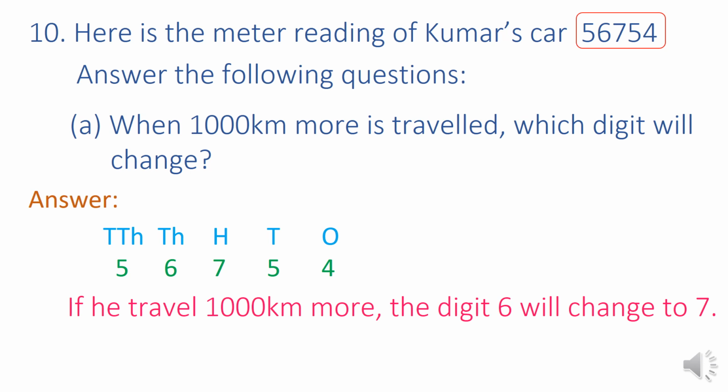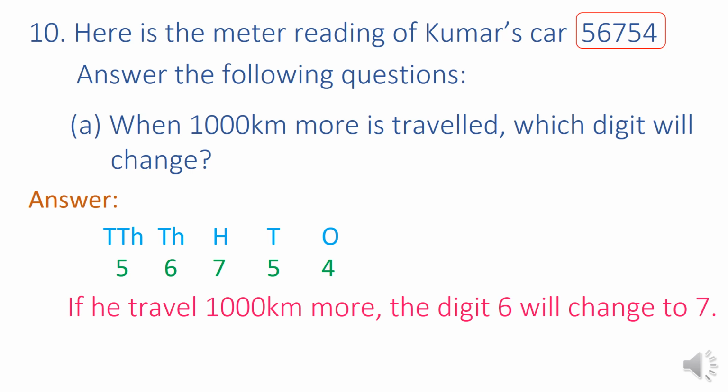This number has 4 ones, 5 tens, 7 hundreds, 6 thousands and 5 10,000s. When 1000 km more is travelled, which digit will change?